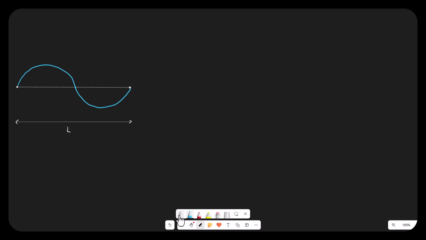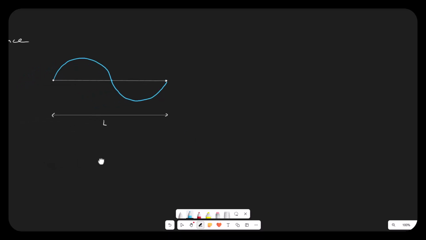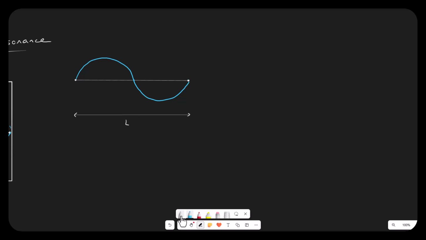Well, one thing that I really want to point out, I said on the left side, I had to have my string be fixed. So on the left side, I'm going to have a node because the string is fixed. On the right side, my string is also fixed. So I have to have a node.